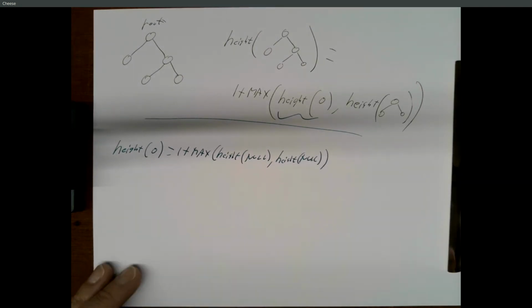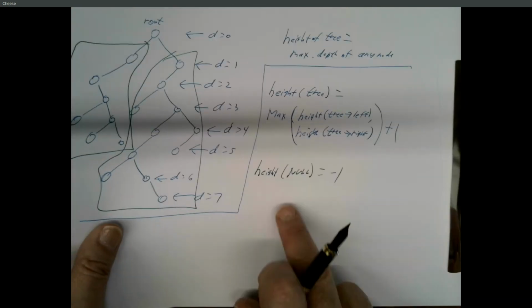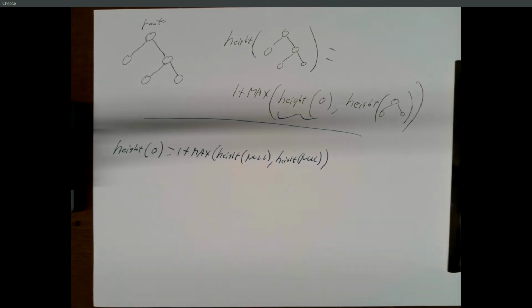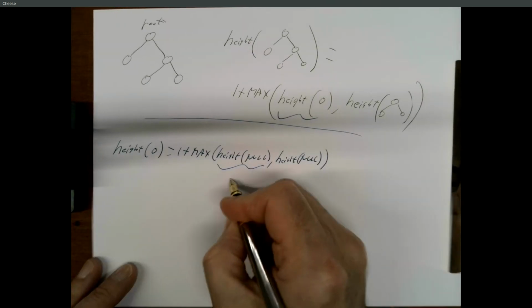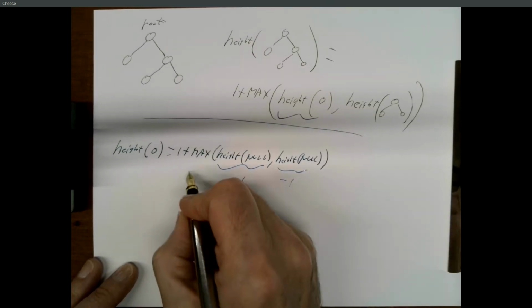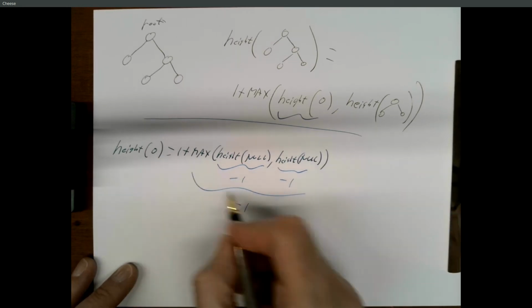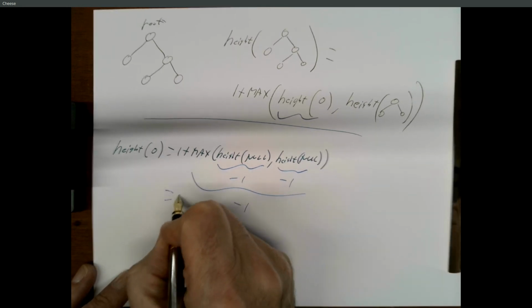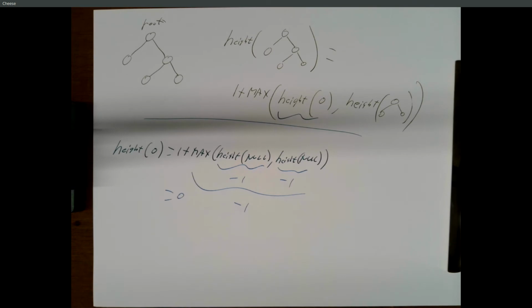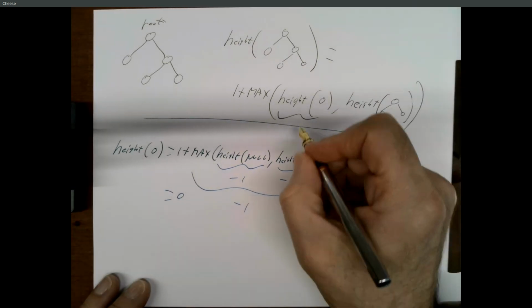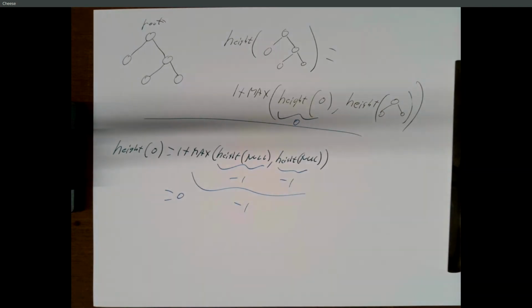Okay, so I call the height function again, and I hit my base case, which says, oh, if the tree you're trying to find the height of is null, just return -1. So this is -1, this is -1, the max of those is -1, 1 plus -1 is just equal to 0. So the height of this single node tree is 0.